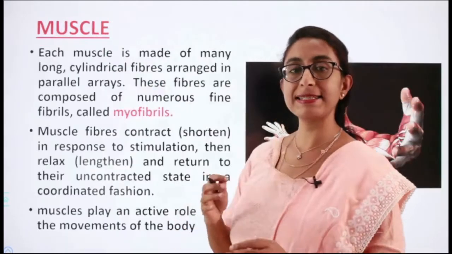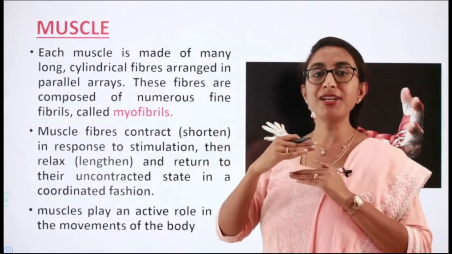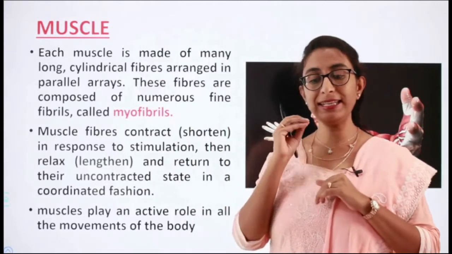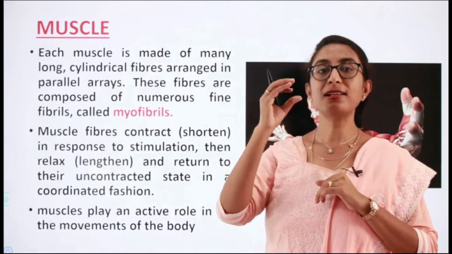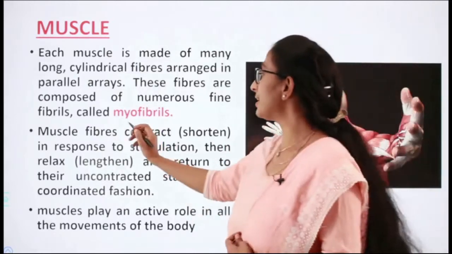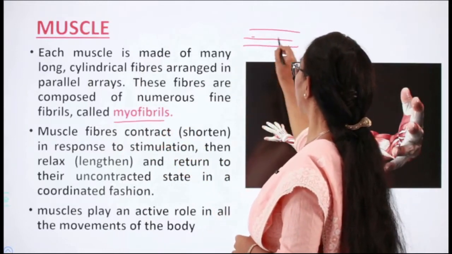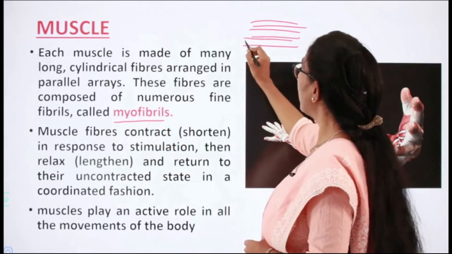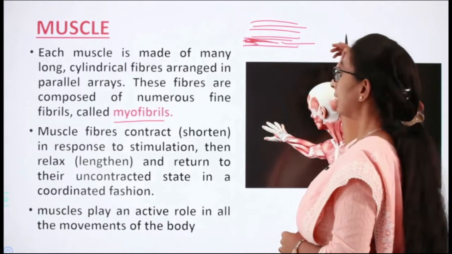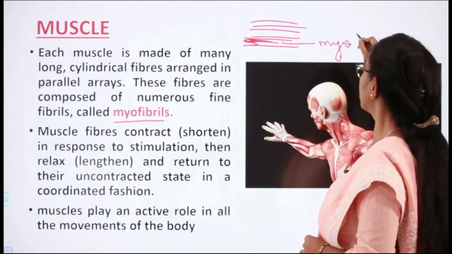So a muscle consists of muscle fibers arranged in parallel fashion, and within these muscle fibers we have numerous fine fibrils called myofibrils. In a muscle you will have several fibers arranged one above the other, and these fibers are in turn composed of fine fibrils called myofibrils.